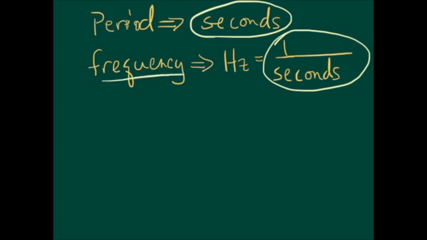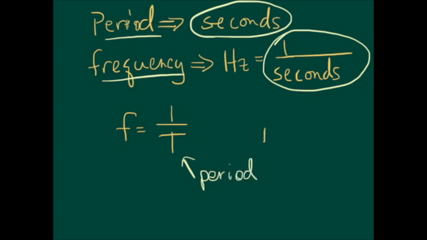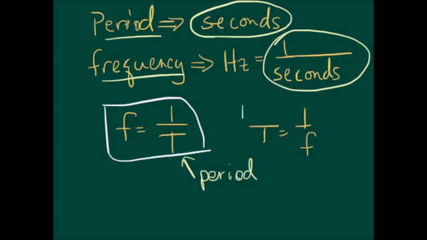Frequency is the reciprocal of the period, and that can be written as such, where capital T stands for period. Okay, and since frequency is the reciprocal of the period, period is the reciprocal of the frequency. It works both ways. So keep these two relationships in mind. You will need those later.